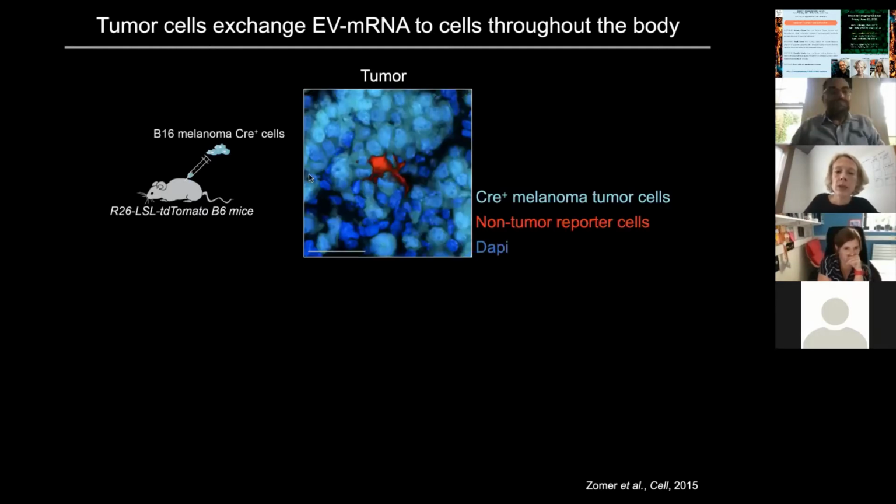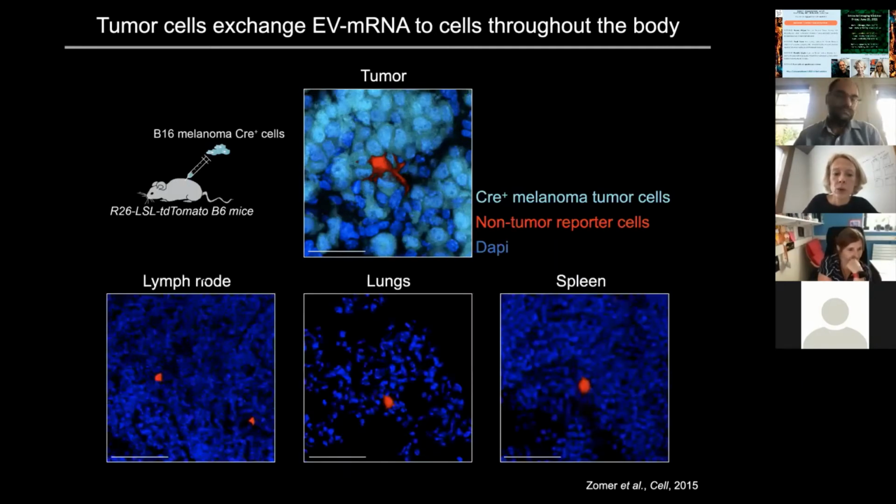So when we looked in the direct tumor microenvironment, we indeed observed the appearance of these tdTomato positive cells. And also when we looked at distant organs, including the lymph node, the lungs, and the spleen, we observed the appearance of these tdTomato positive cells.